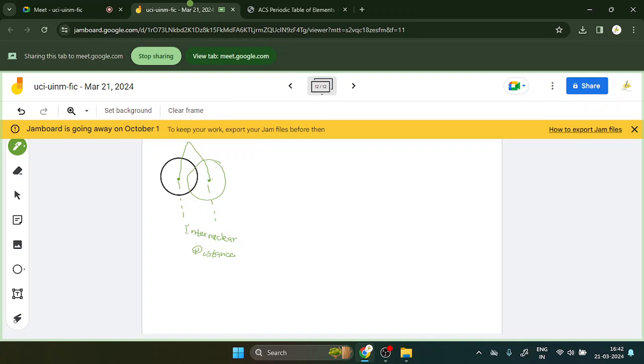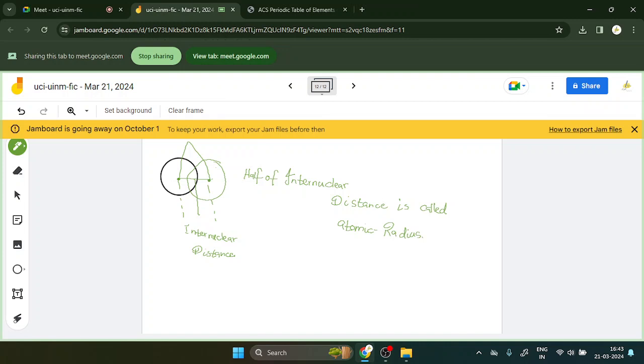Clear? If they are talking about a molecule in which two atoms are combined together, half of the internuclear distance is called the atomic radius. Clear about this?